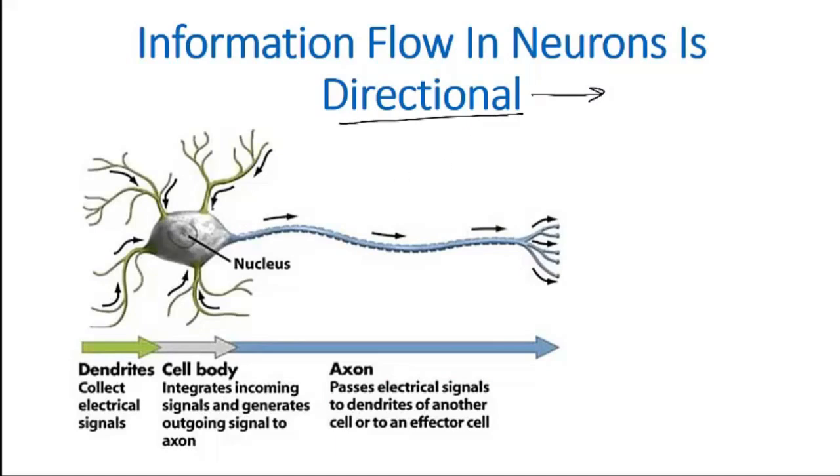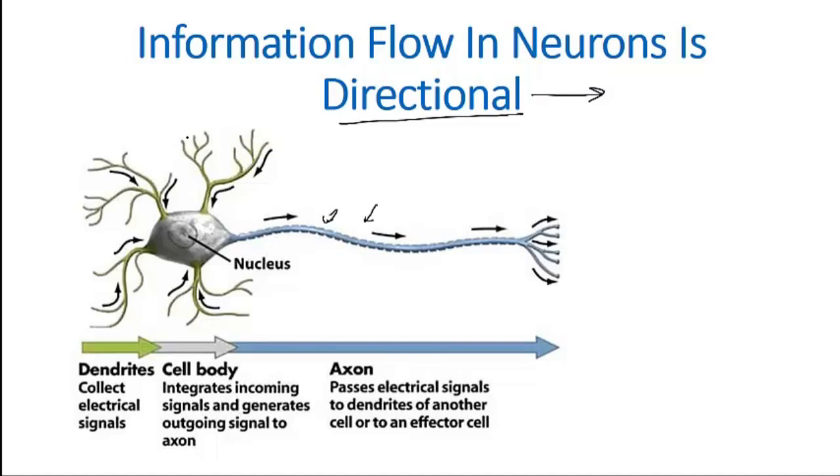The incoming signals are integrated in some region of the dendrites as well as inside the cell body. Okay, and then the action potential is conducted along the axon, which is this region. The action potential will be turned on, and if you look at these arrows, it will give you an idea about the directionality of the flow of the nerve impulse.